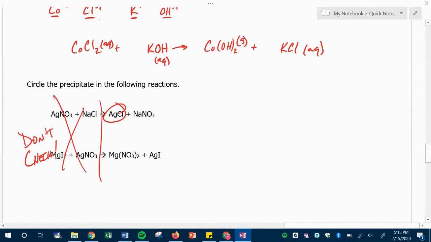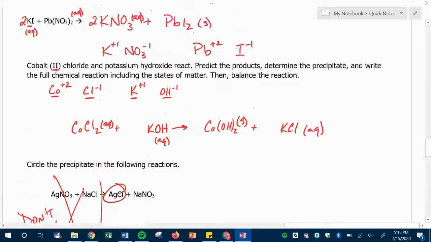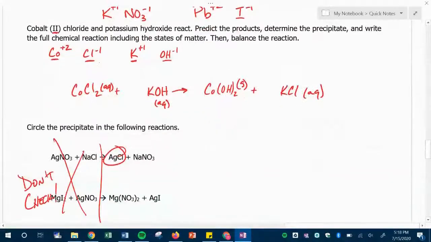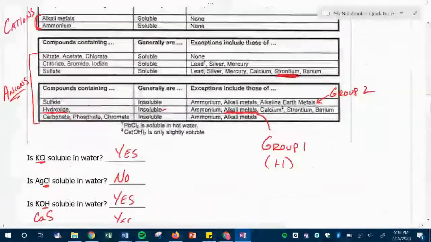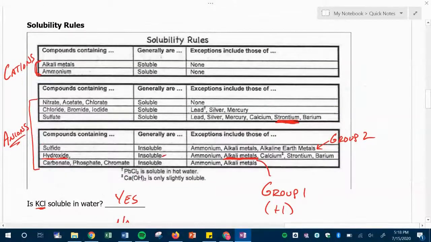Now our next one, magnesium nitrate, Mg(NO3)2. Let's check that. Remember, since we already figured out AgCl was a precipitate, that's why we're done with the first one. There's only one precipitate in a reaction. So let's check magnesium nitrate. If we check our nitrates rule, where is it? Boom, there it is.